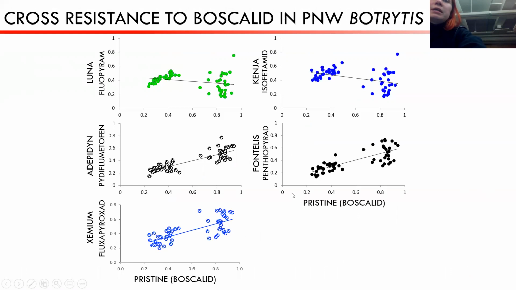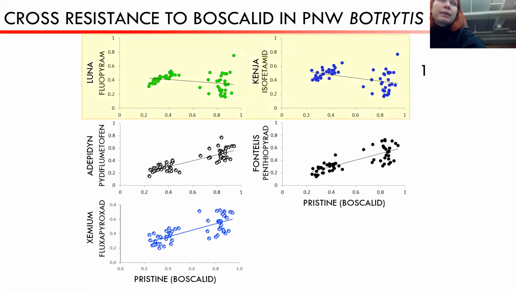Pristine is on the x-axis of each graph, and each of the new fungicides is on the y-axis. When we look at all 5 graphs, we can see that they clearly fall into 2 different groups.